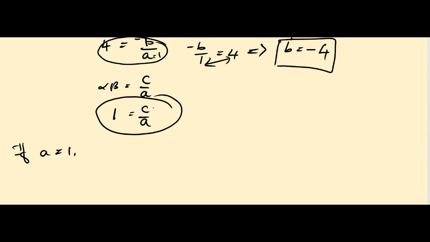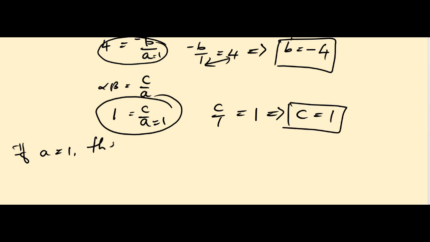Then if a is equal to 1, then c by 1 is equal to 1, which implies c is equal to 1. If a is equal to 1, then b is equal to minus 4, c is equal to 1.